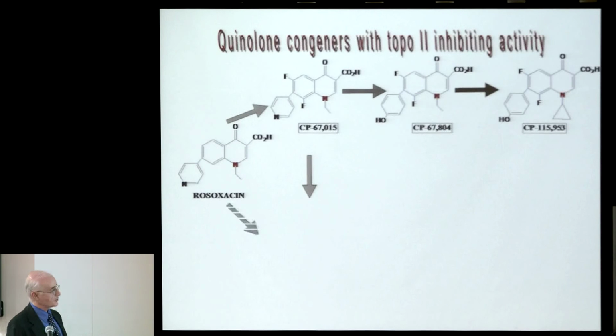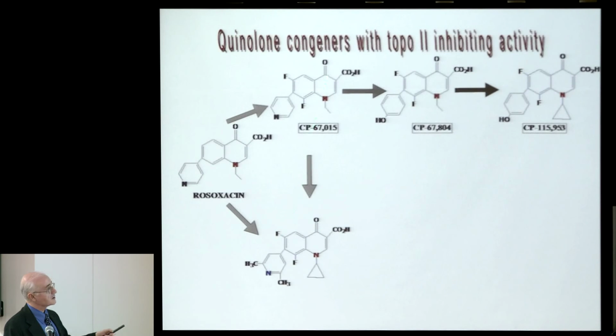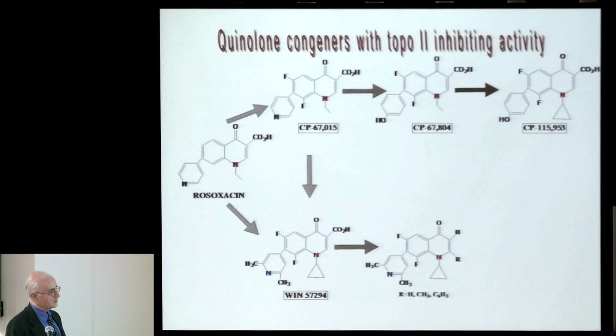That was one approach. The other approach was putting substitution on the pyridine system. You can see they follow the same approach from the top. They put two fluorines and then two methyls on the pyridine, so activity is becoming better. Further development of this was to decarboxylate here.